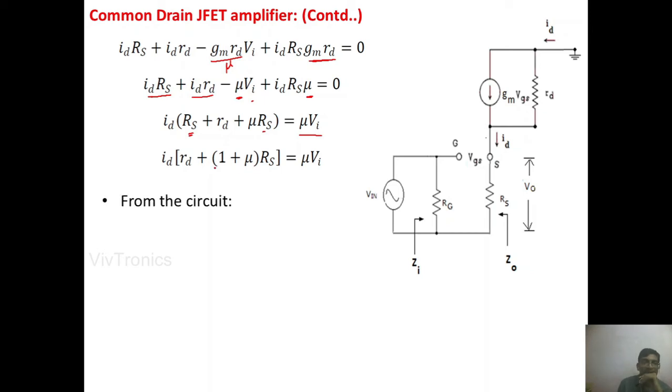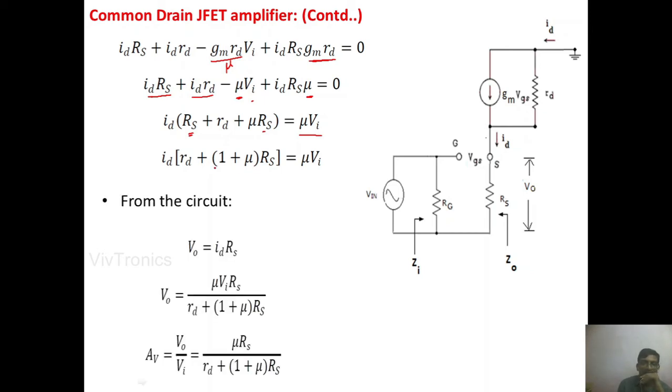Now from the circuit we can write V0 is equal to what? V0 is the voltage across the RS resistance, therefore V0 is equal to ID current into the resistance RS.